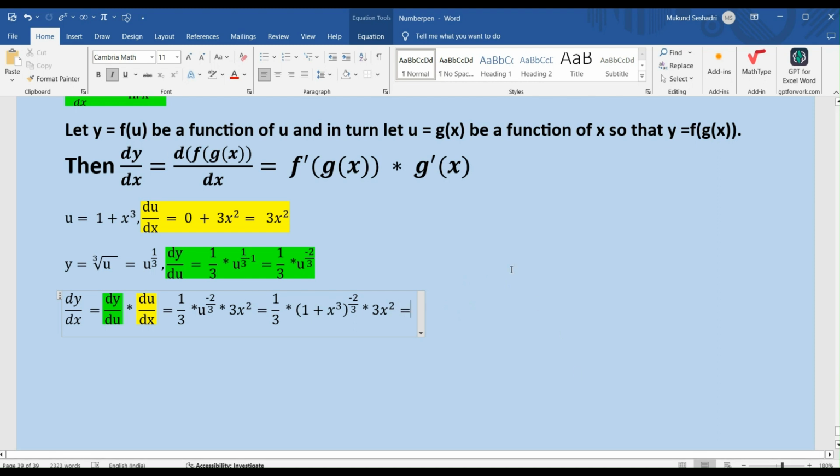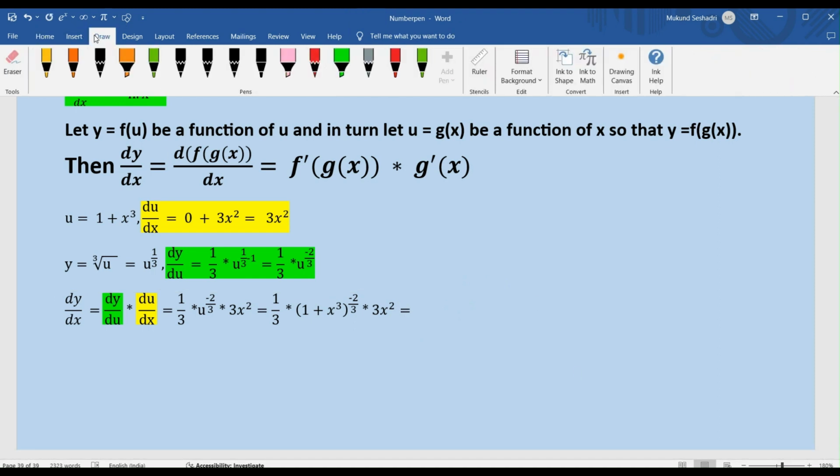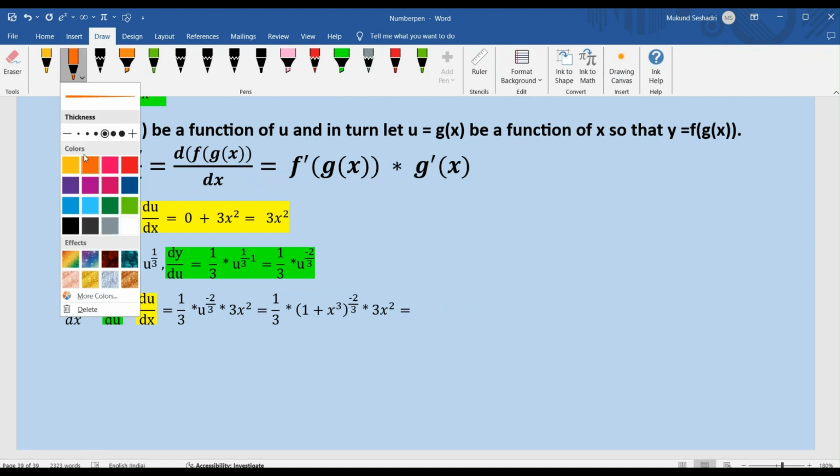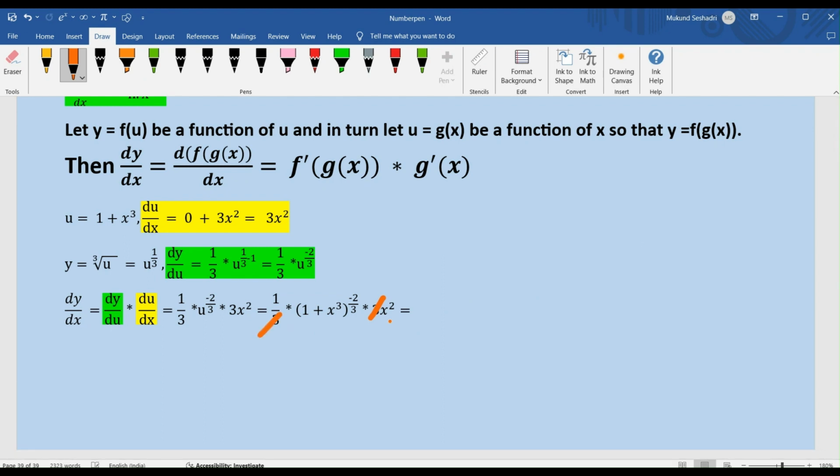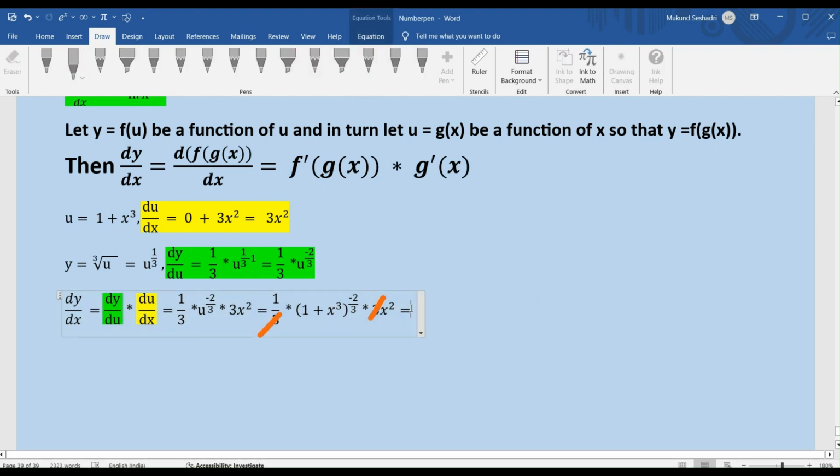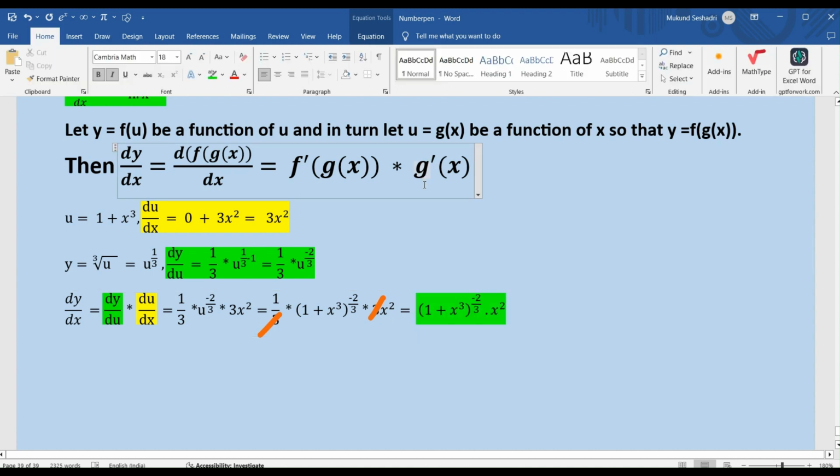I'm talking about the 3 in the numerator and the 3 in the denominator. So let me cancel this 3 and 3. And I have my final answer as 1 plus x cube to the power minus 2 by 3 into x square, right? So there I have the final answer.